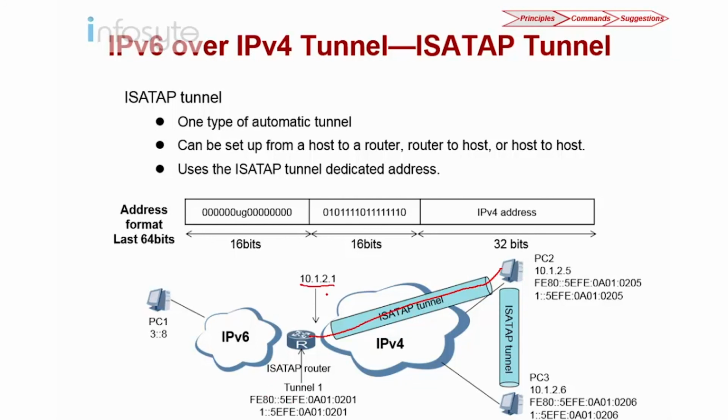You can see that I have the IPv4 representing over here. That's my ISATAP dedicated address, and this will be my IPv6 address. And from here, they're able to communicate. So again, this is an automatic tunnel, and this is quite a popular way for us to set up a tunnel because of this flexibility.